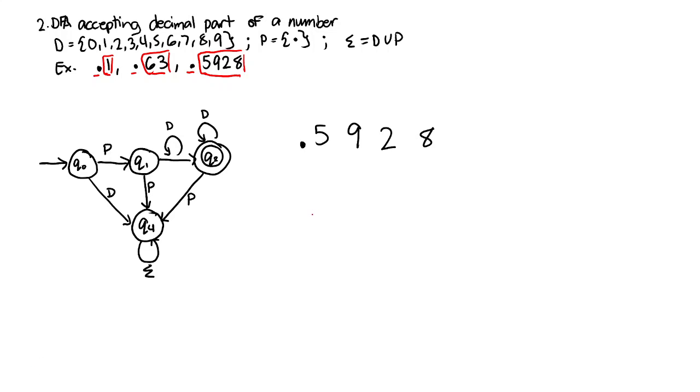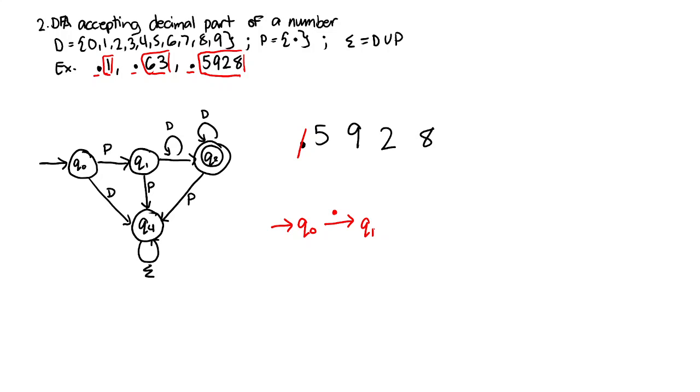So of course, we start at Q0. Okay, we start with Q0. And then the first symbol that we see is this dot, right? This dot. So if Q0 sees a dot or period, it goes to Q1, right?